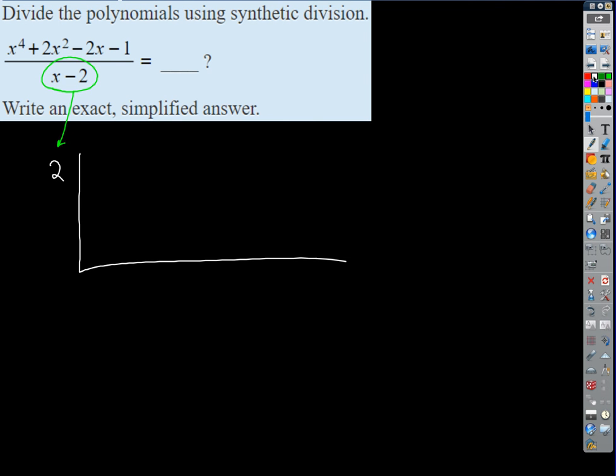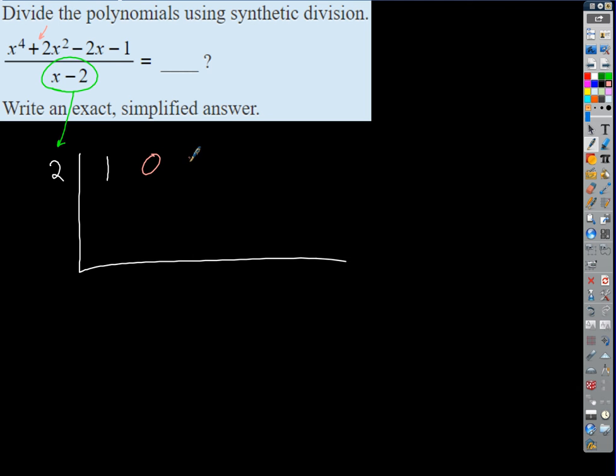Okay, now what goes inside? 1, 0. How come? Because there's no x cubed term, right? So we have to include a 0 for the x cubed.